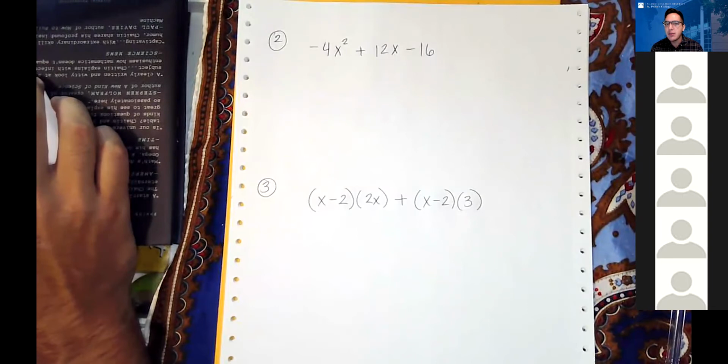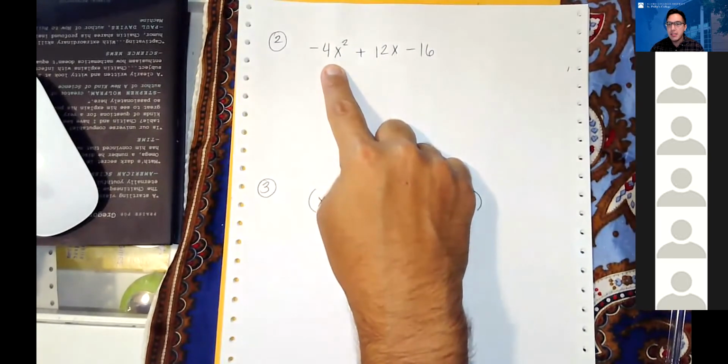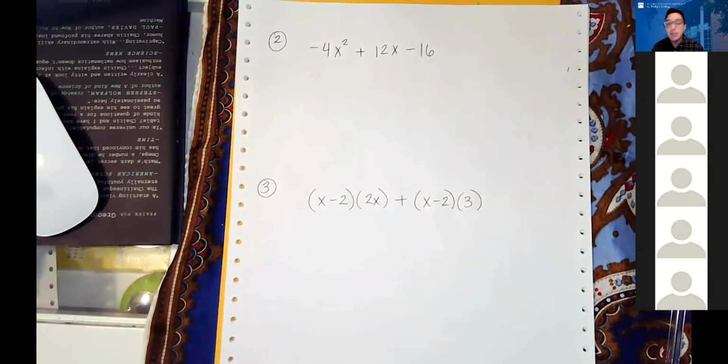we want to be careful when there's a negative term for the first term. Typically, just as convention, out of tradition, when we have a negative first term, we tend to factor out the negative version of the greatest common factor.